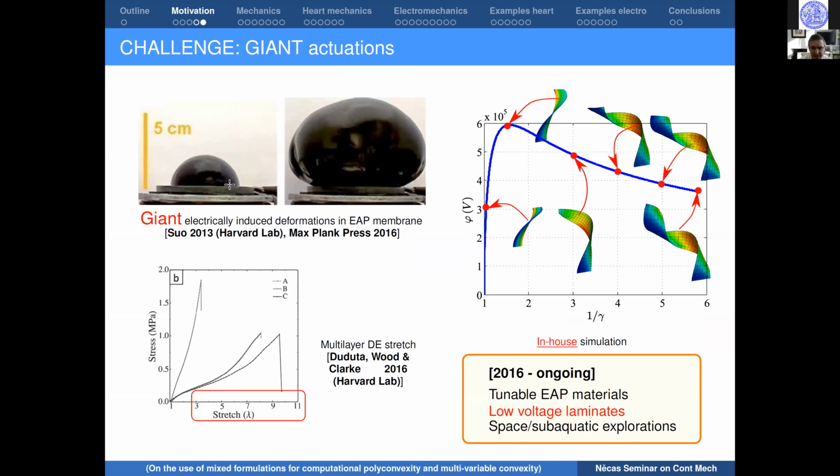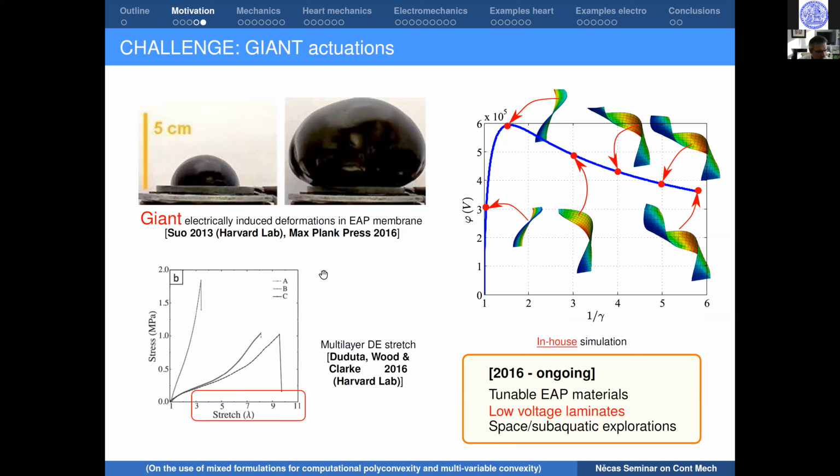As a result of that electric field, this dielectric elastomer film experiences an in-plane stretch, which is actually massive. You can see the change in shape from an original configuration to the current configuration, which is absolutely massive.